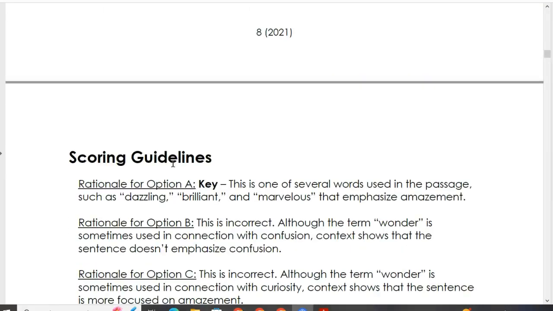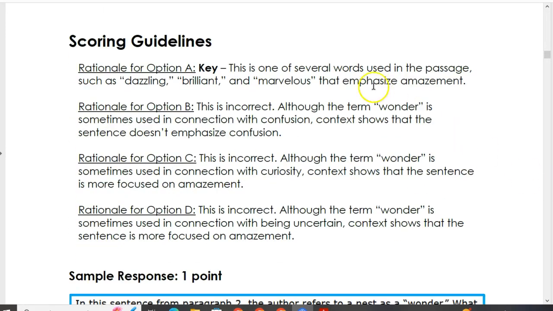And the answer to this one is A. This is one of several words used in the passage, such as dazzling, brilliant, and marvelous, that emphasize amazement. So if you missed this one, make sure you pause on this screen, review the rationale for the answer that you chose so that you know why you missed it, so you can get it right the next time.